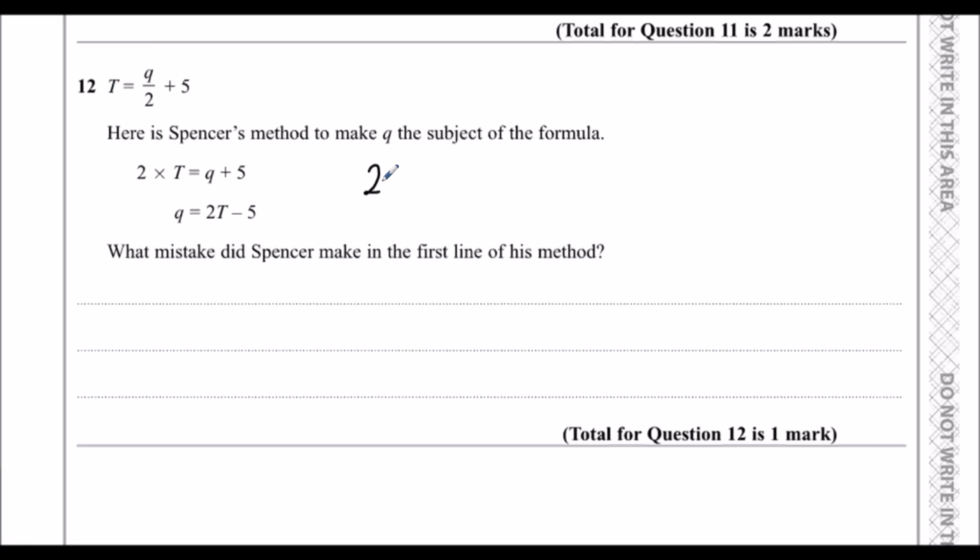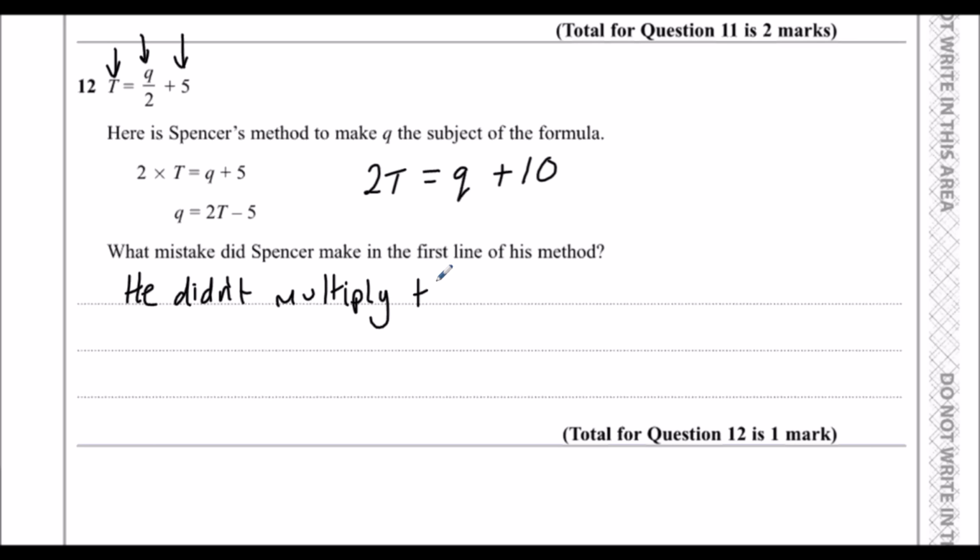So that will be 2t equals q plus 10. If you multiply by a number, you need to multiply every term in the equation by that number. So he didn't multiply the 5 by 2.